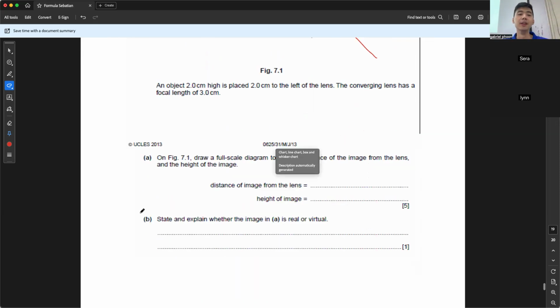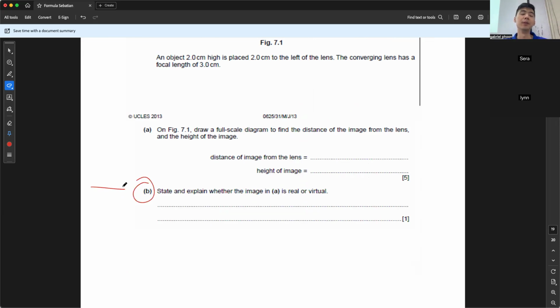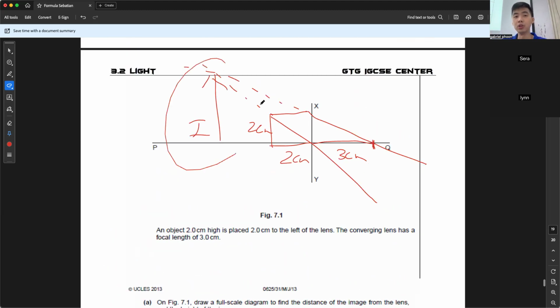Now listen up. This part is extremely important. Everyone, pay attention. This question literally comes out once every 2 years, if not more. They'll ask you to state and explain whether this image produced is real or virtual. So obviously you can do the statement first, right?